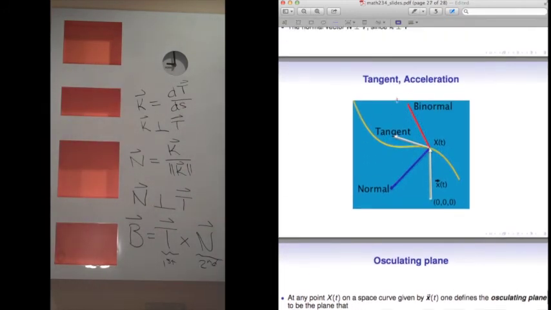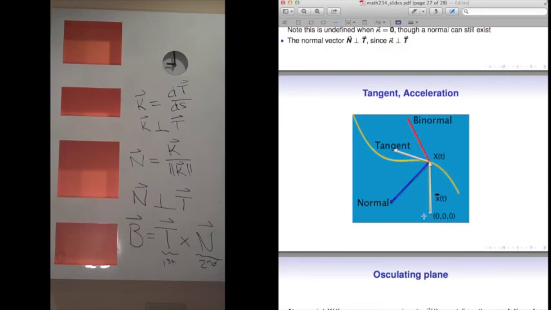If I look at the picture we've been playing with here, I have my position vector, I have my tangent vector, then I have my normal vector. And you can now see that this red vector, let me go ahead and draw it for you, is what I get if I do this calculation.